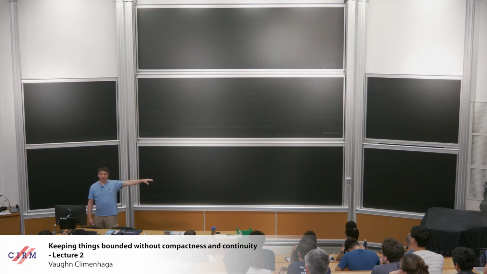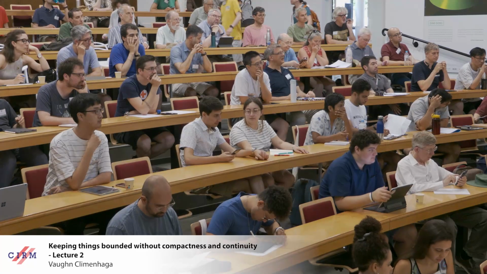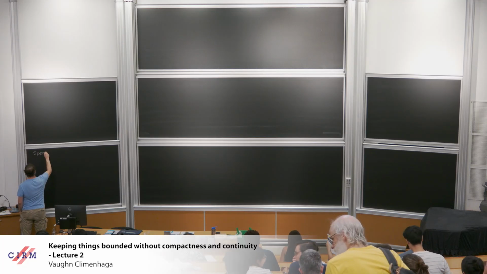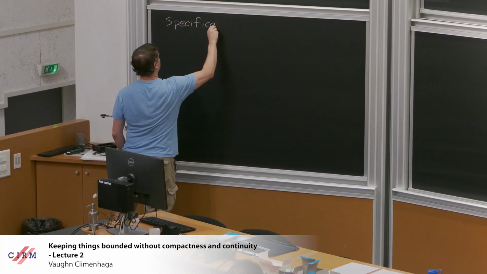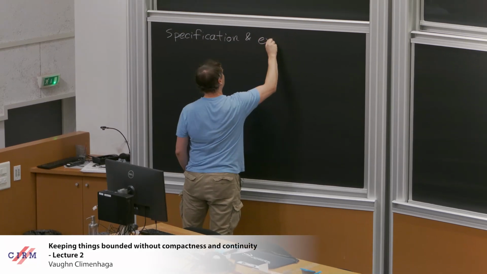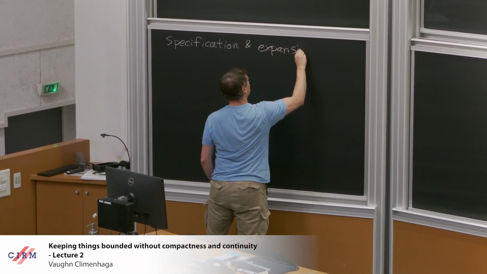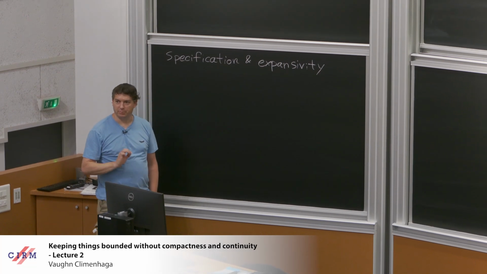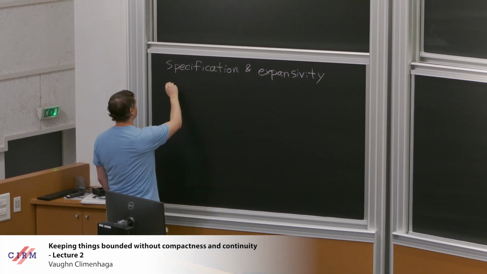Today, I want to tell you about a different strategy which has to do with specification and expansivity. And in particular, how these can be applied in a non-compact setting.